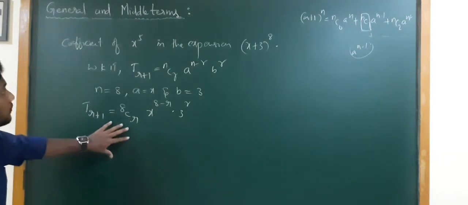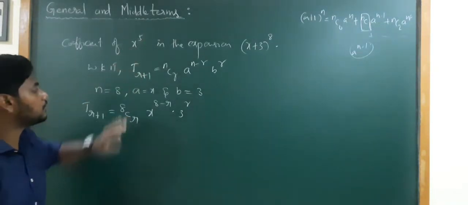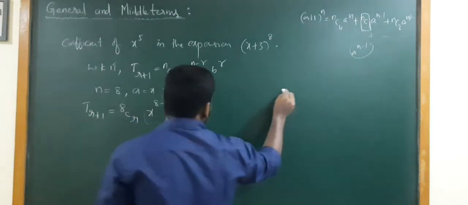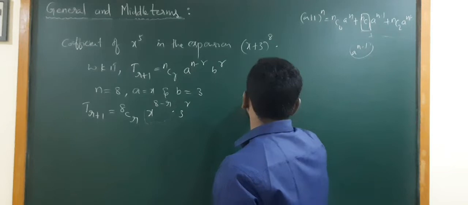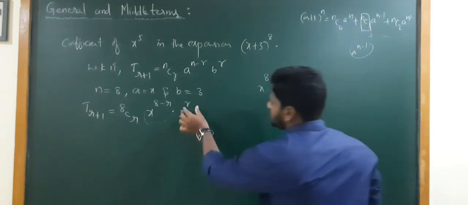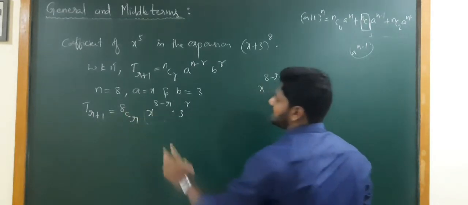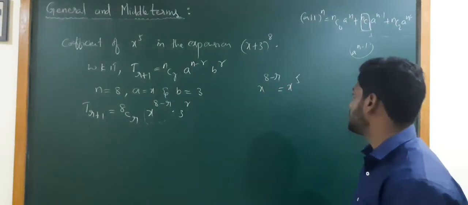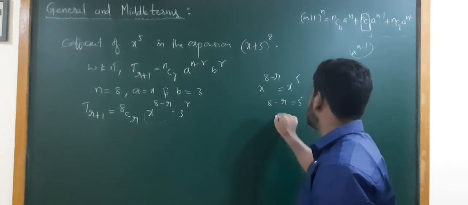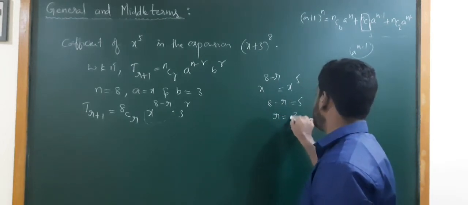See, from this general term, what we need is the coefficient of x to the power of 5. That means this term should be equal to x to the power of 5. x to the power of 8 minus r should be equal to x to the power of 5. Then this 3 power r and 8Cr will become the coefficient of x power 5. When 8 minus r equal to 5, nothing but r is equal to 3.